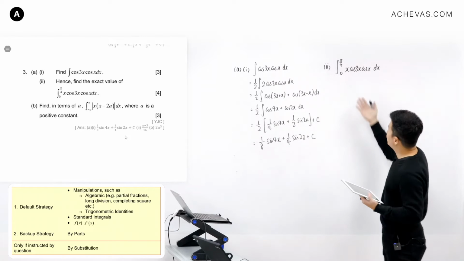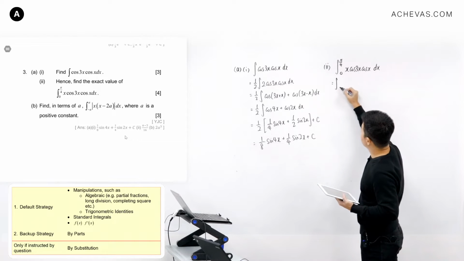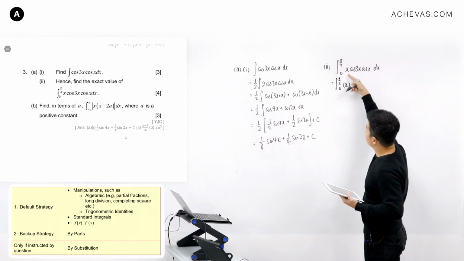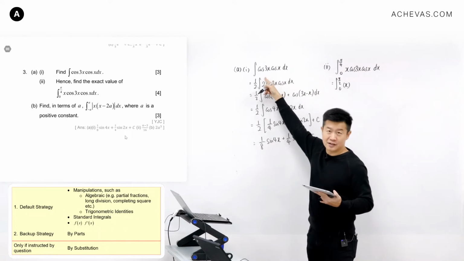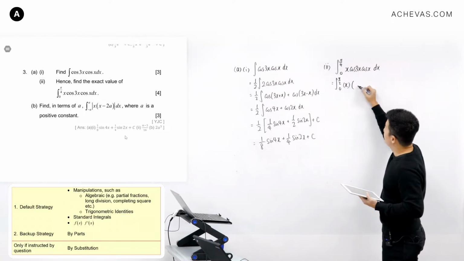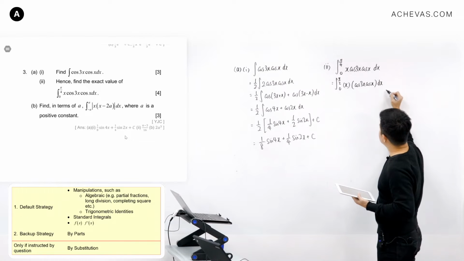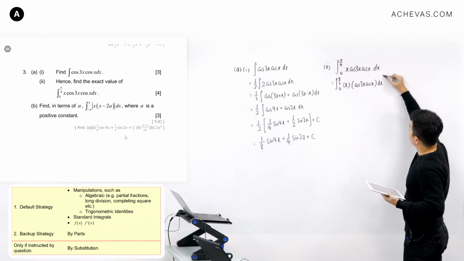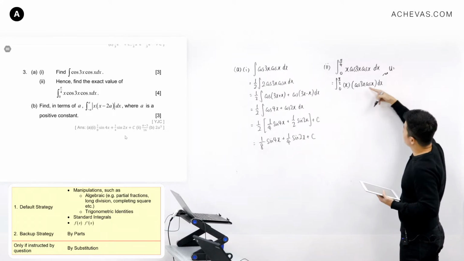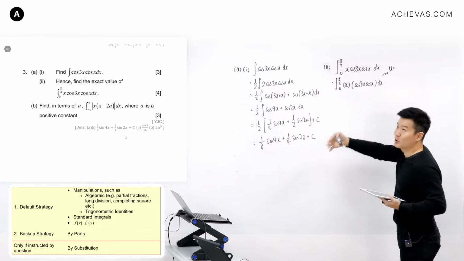So we are going to be dividing this into two parts. Let me just rewrite it, although it is not very necessary. But I'm going to try to have an x and this to be the other part of the expression. So we have a cosine 3x cosine x dx, which means that u is going to be the one that is not so integratable.